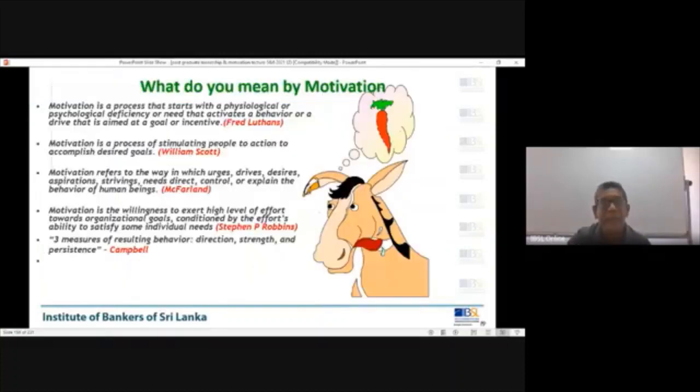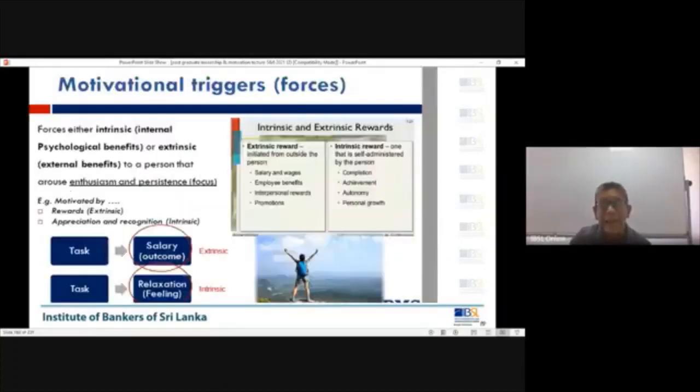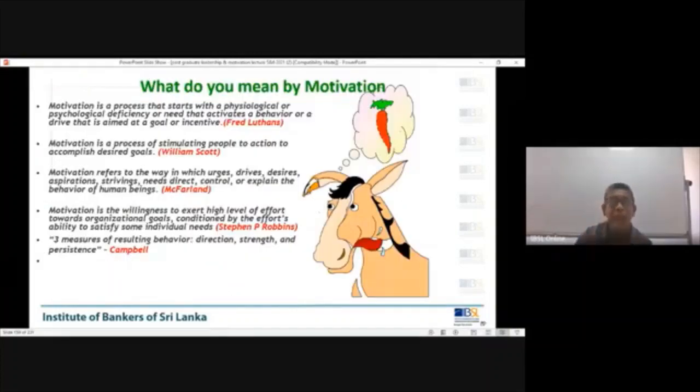Having understood some of the very basics about motivation, what we as managers try to do is identify these triggers and try to get the organization's people to go and satisfy them. So what do we mean by motivation?